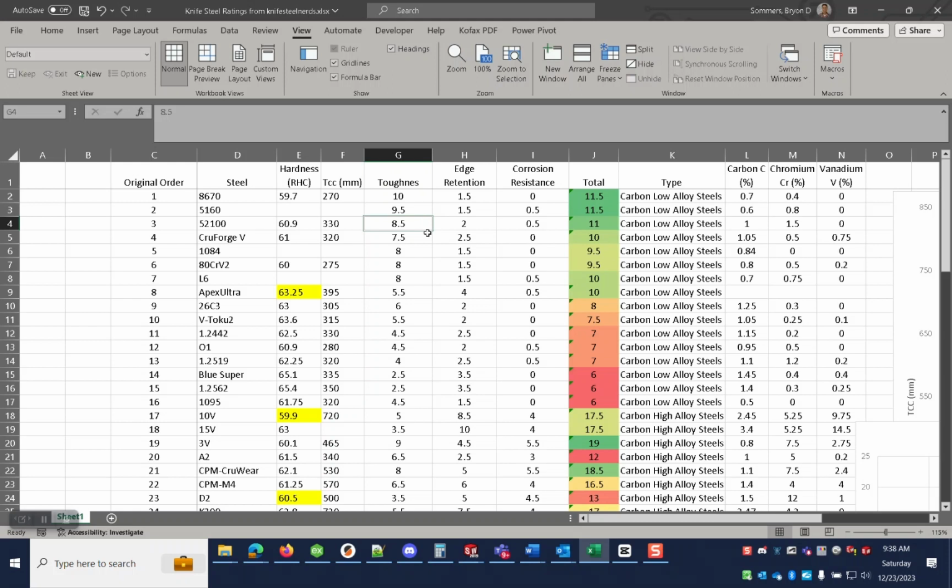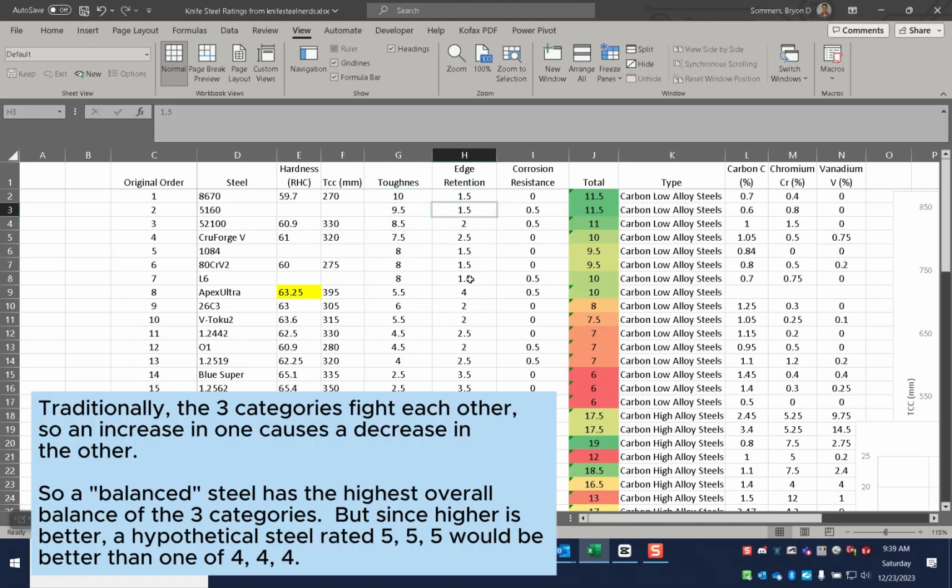Anyway, what I was struggling with was to understand which steel is better overall, quote unquote. And I think a really easy way to do that is to simply sum up the three categories. Almost like an absolute value, but essentially if you just sum up each of these and give a total, you can get a rough idea of how these steels rank to each other.